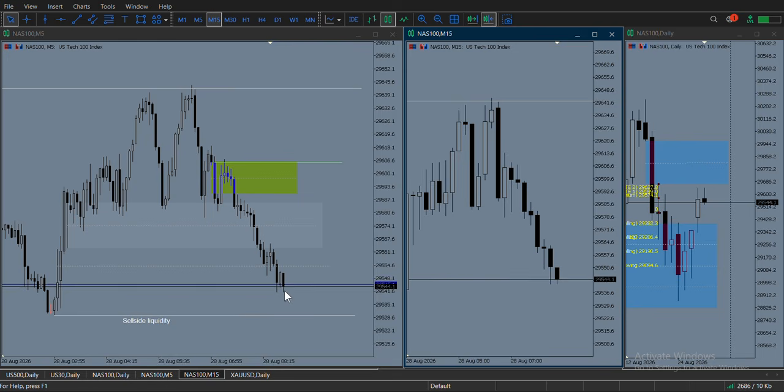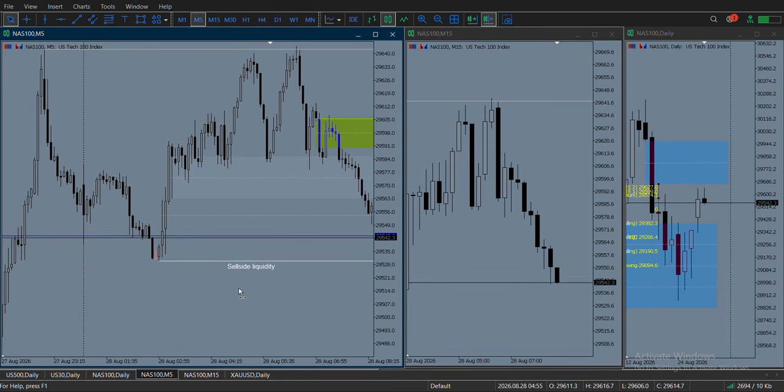So we're still waiting for the 850 macro that welcomes in London, and then we're gonna see the reaction on price. So with the way it's behaving here, that sell side here is gonna be taken out.